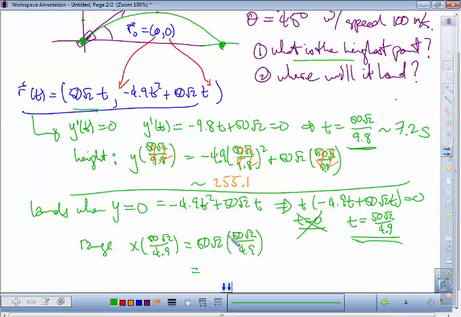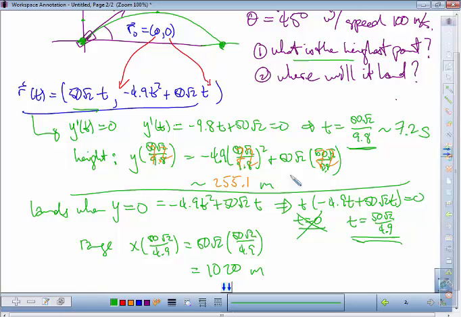So, anybody figure this out? 1,020. And this would be in meters. All right, that's it.